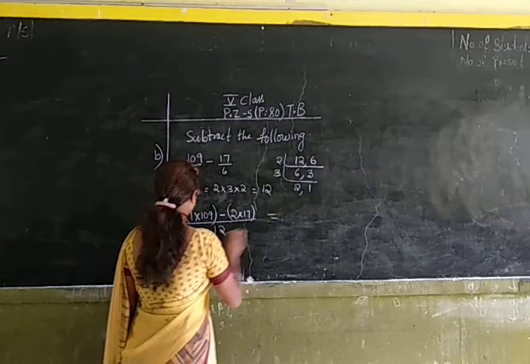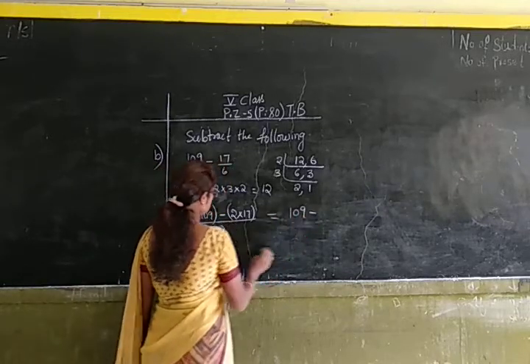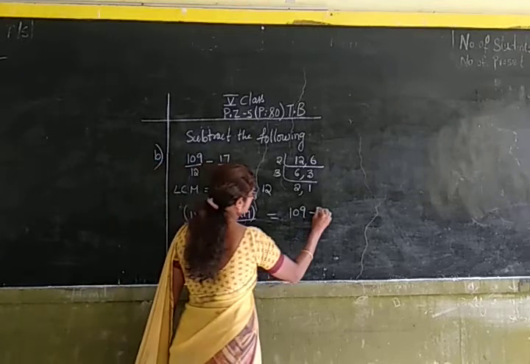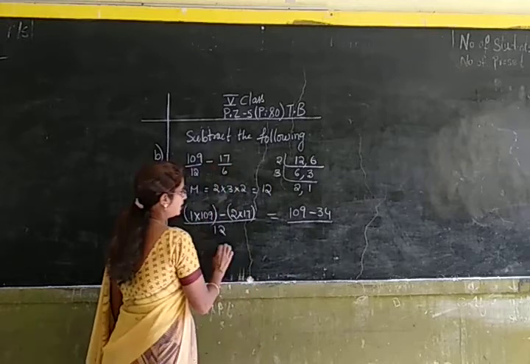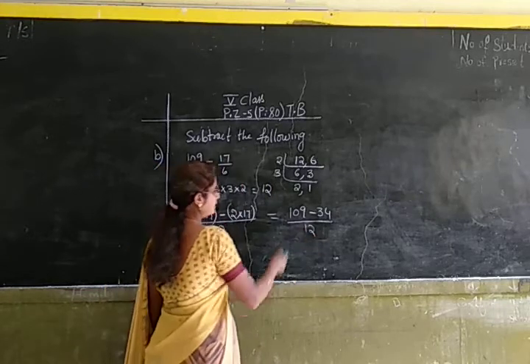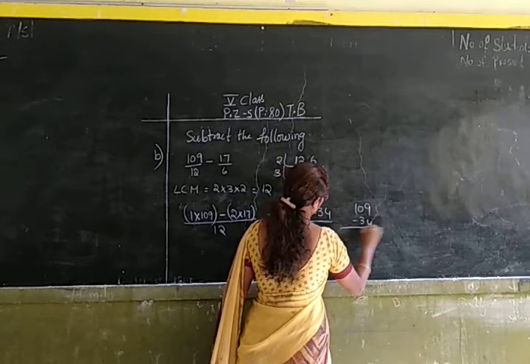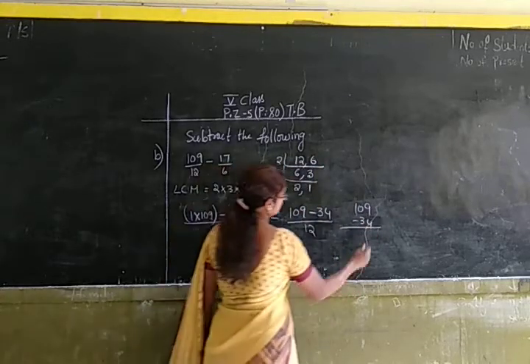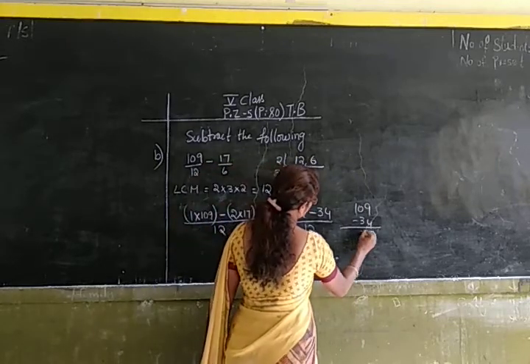Now let us multiply. 1 into 109 is 109, minus 2 into 17 is 34. 2 17s are 34, by 12. Now let us subtract 34 from 109. 9 minus 4 is 5 and 10 minus 3 is 7.